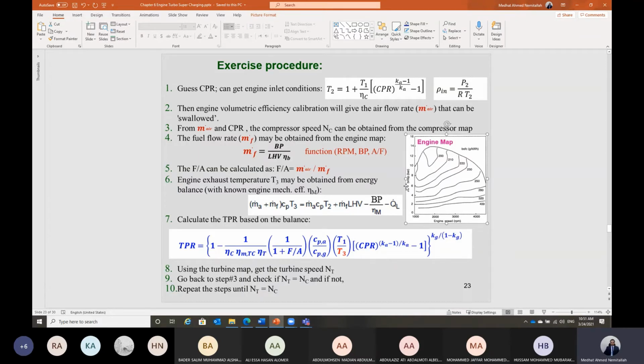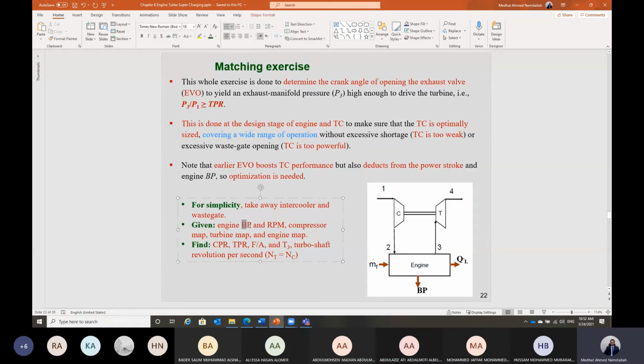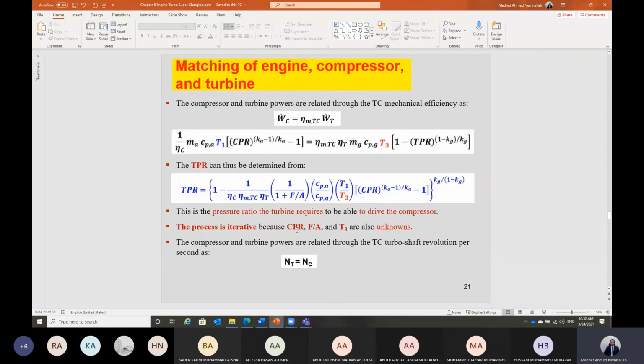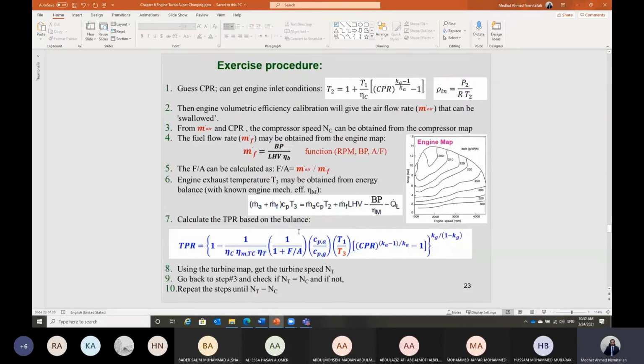So if I have the brake power and the engine RPM, which we said are given in this case, then using the engine map, I can get the value of brake specific fuel consumption. So I can get the value of the mass flow rate of fuel.